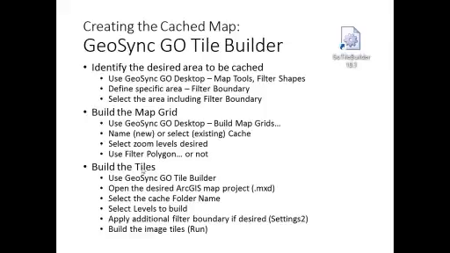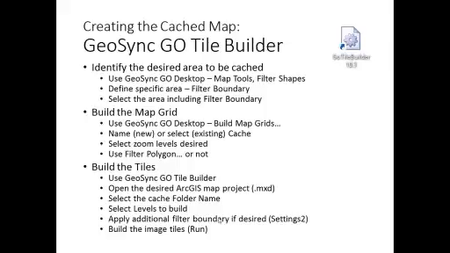So in building the tiles, we'll switch over to GeoSyncGO Tile Builder. We'll open the ArcGIS map project. We've got our MXD. We'll select that as our map source. And then from there, we'll select our cache folder name. We will select the levels to build from Tile Builder, and then at that point we can apply additional filter boundaries if we want in settings too.